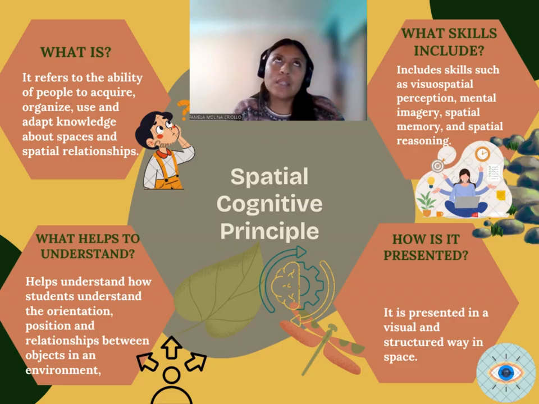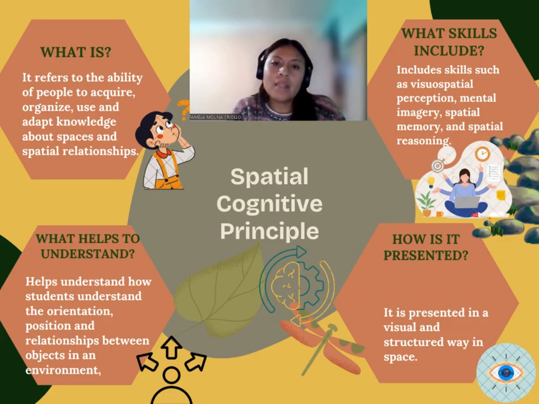The spatial cognitive principle also teaches us that the human brain learns best when visual information and text are together, not separate.